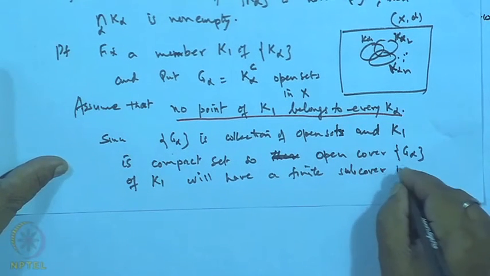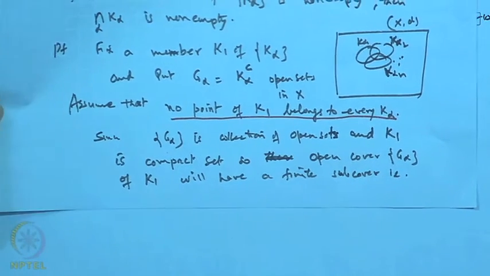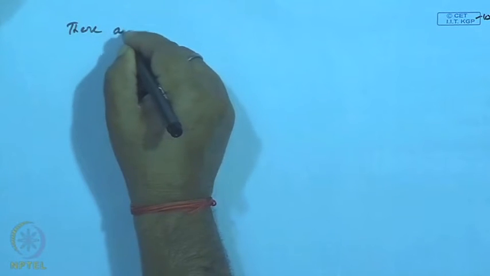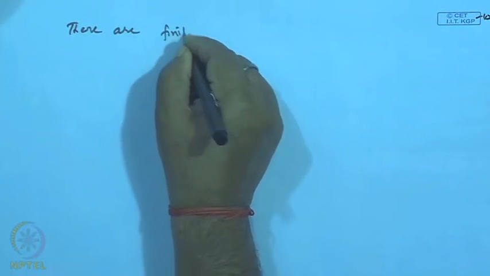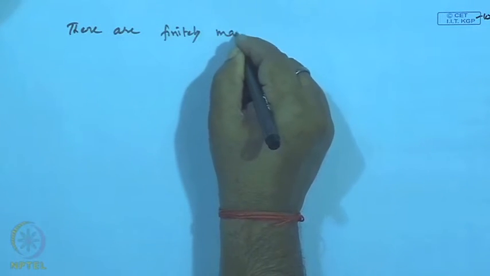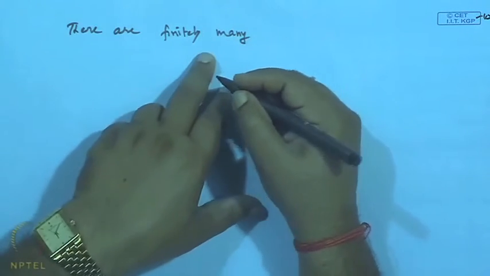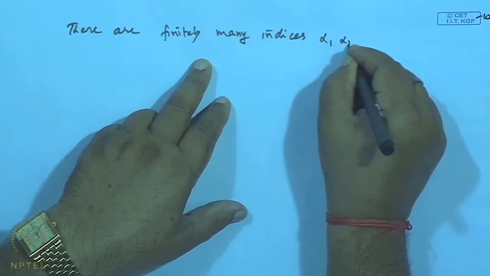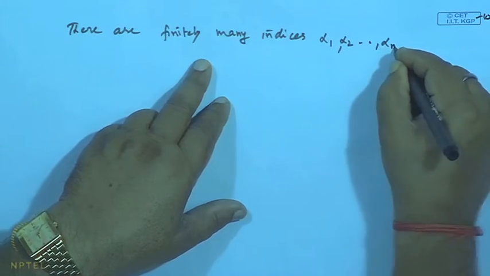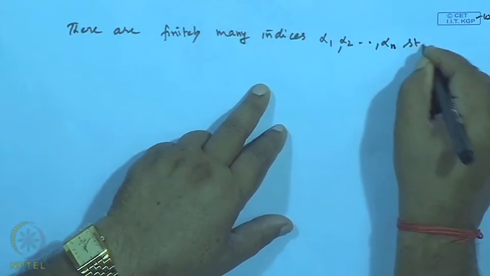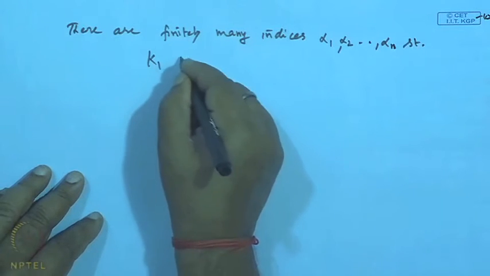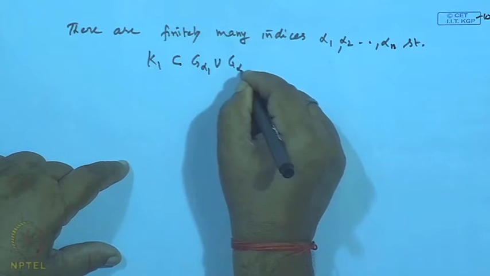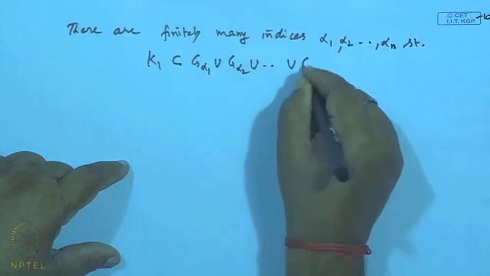Finite subcover means there are finitely many indices, say alpha 1, alpha 2, alpha n, such that K 1 is contained in G alpha 1, G alpha 2, G alpha n.